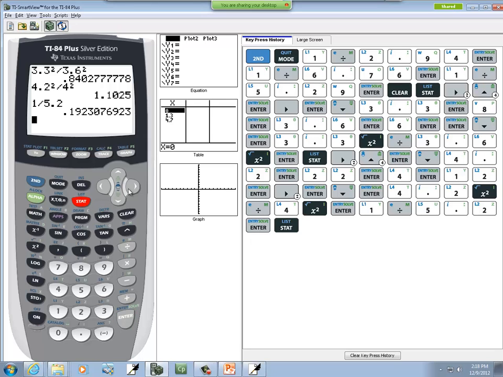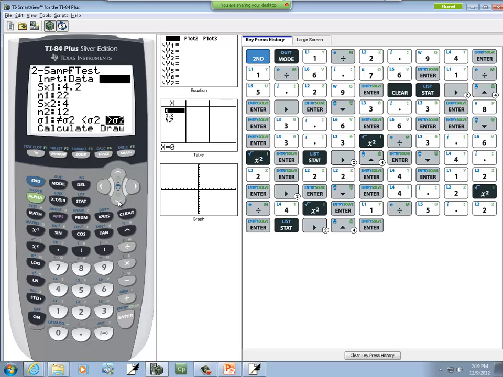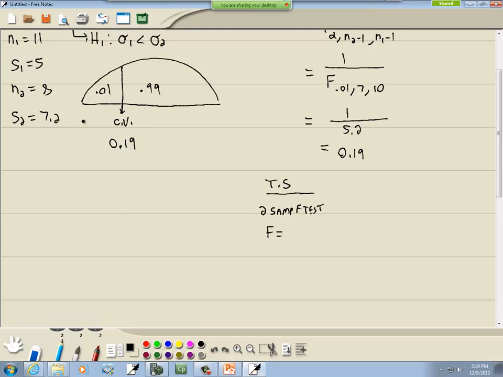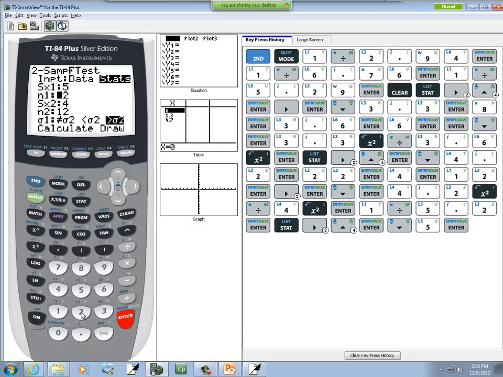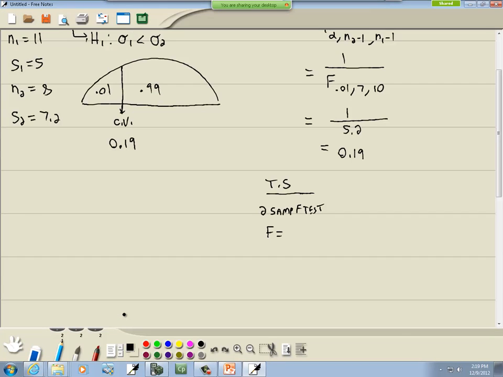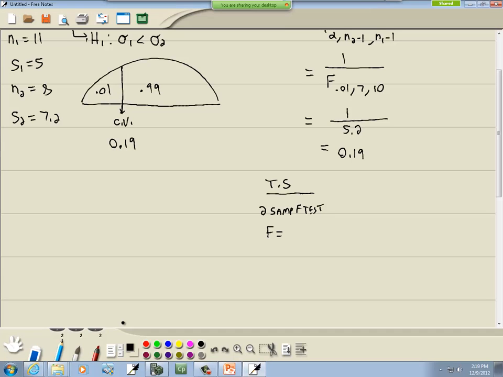So press stat, go over to tests, up arrow to 2-SampFTest. Press enter on it. We want stats, so down arrow. S1 was 5. n1 was 11. S2 is 7.2. n2 is 8.